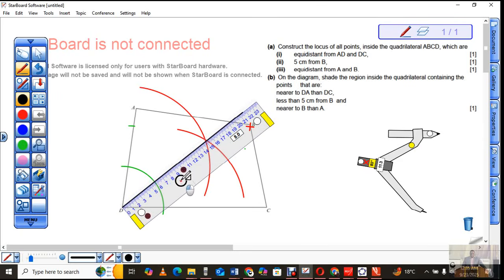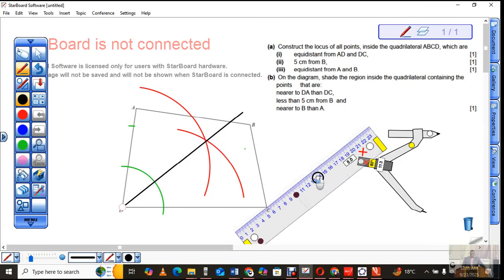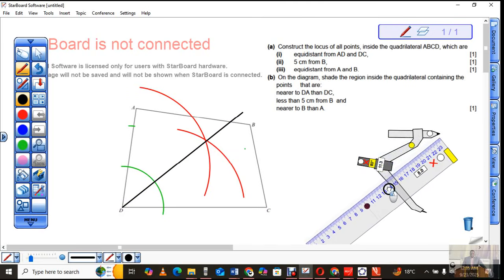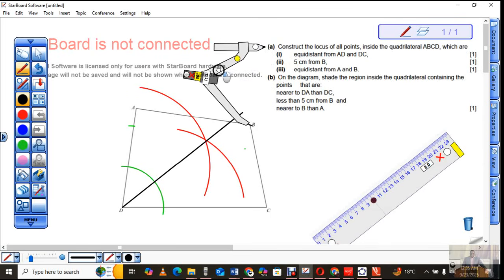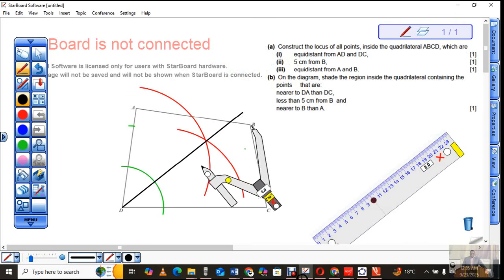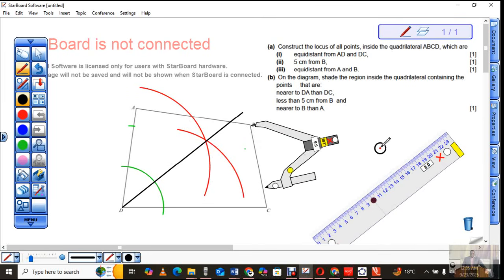It's slightly out, but it's there. Okay, 5 centimeters from B. When they say you should draw something 5 centimeters from B, you take your protractor, you put it at B, and you draw 5 centimeters from B, right? That's what you're going to do.